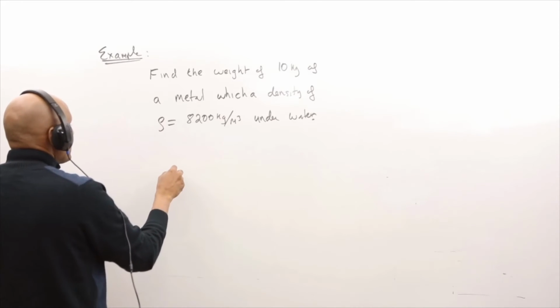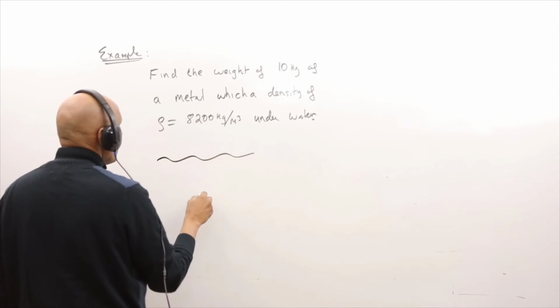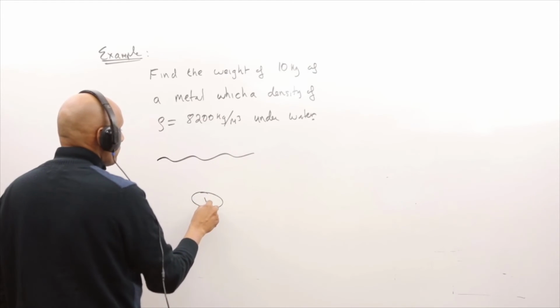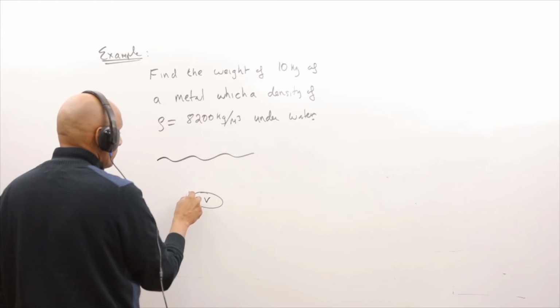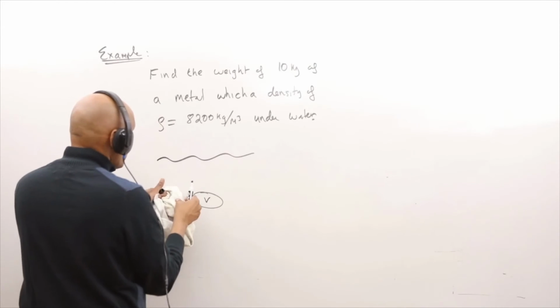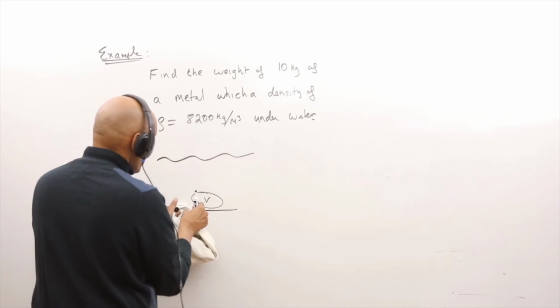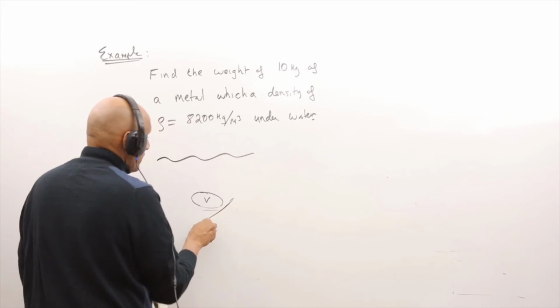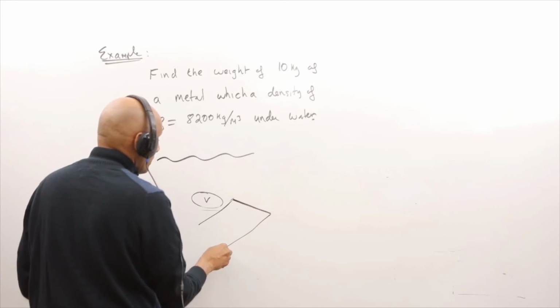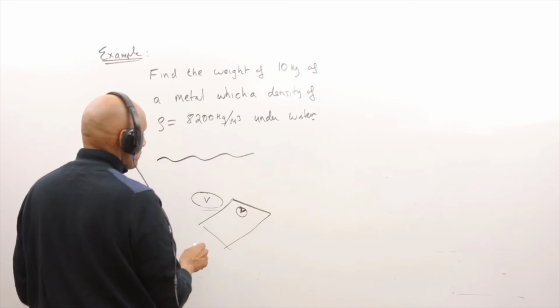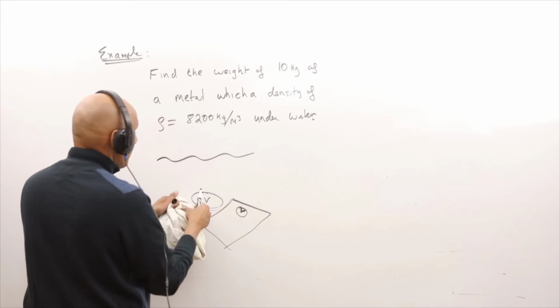So the idea is that here's our liquid, here is our mass of object, it's got a certain volume V, and I put it on a scale underwater. So if I had a scale, here's our little measurement. So here's our mass of the object.